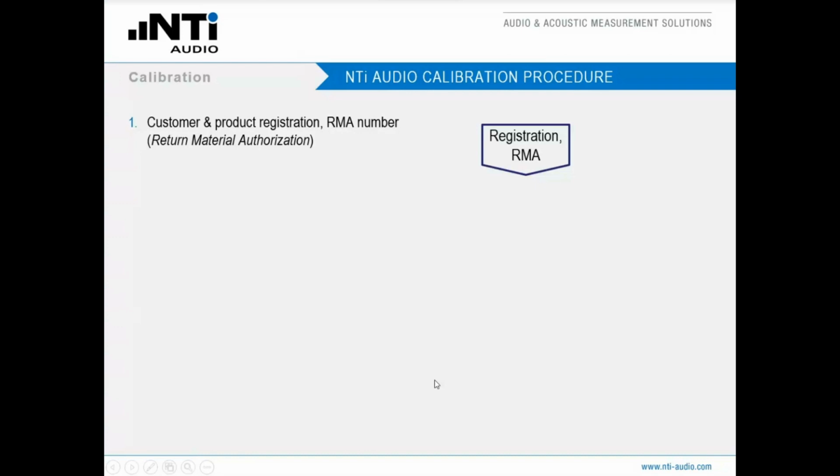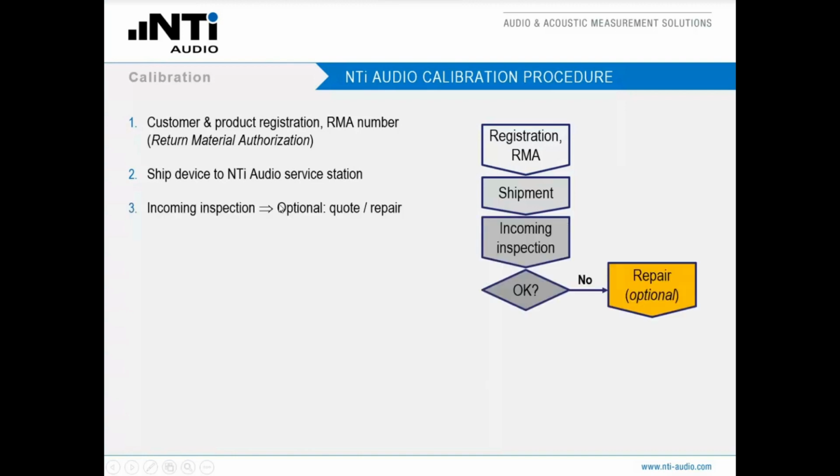Now let us take a brief look at the procedure to execute the calibration. The first step is you have to register on our website, get an RMA number, then ship the device to us. You receive the shipping information, the address, via this procedure. Then as soon as the instrument arrives at NTI, we are inspecting it. We will find out whether possibly a repair should be executed.